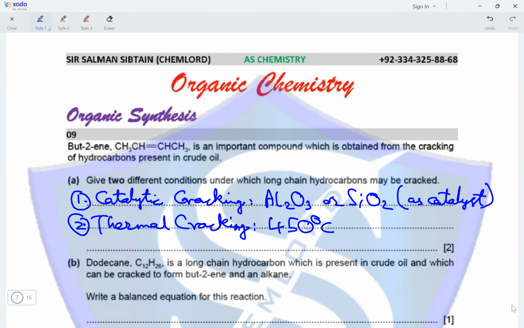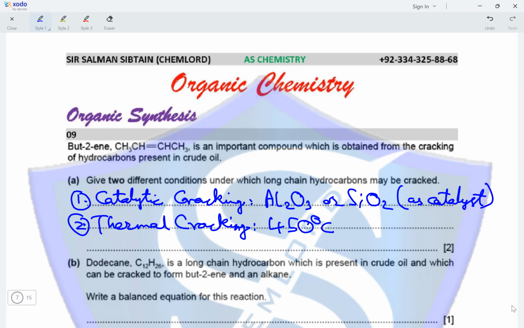And if we are using the two together, we can have a high temperature and a catalyst. And if we are just using the temperature, we will also need a high pressure in order for the cracking to proceed.